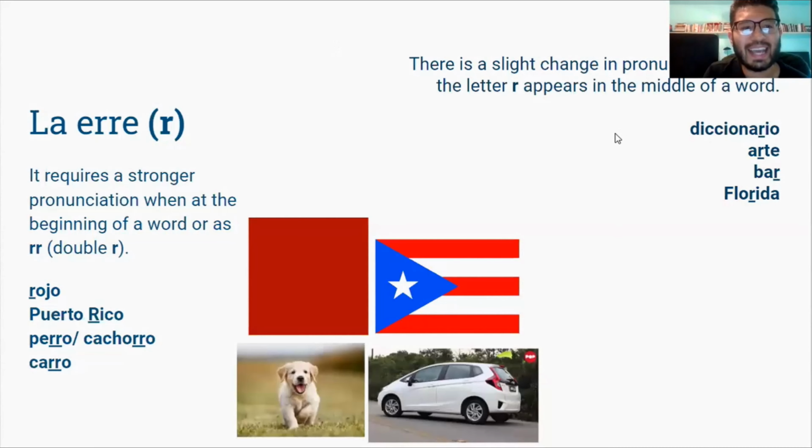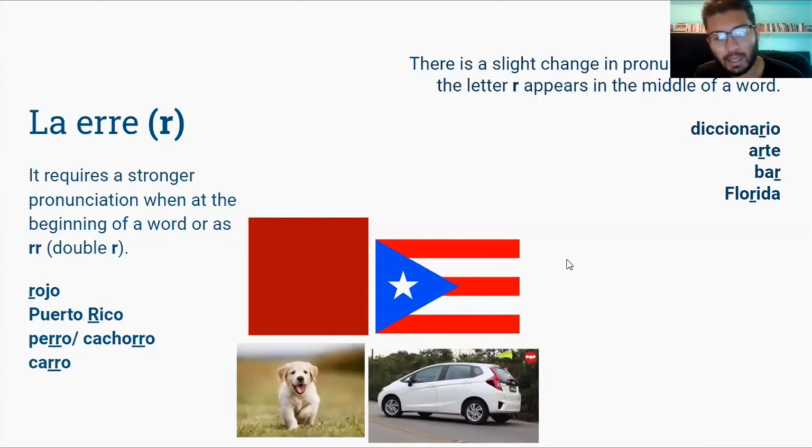So the next letter is R. This letter again has two different sounds depending on the location of the letter in a word, and depending if there's a double R. No, if there's a double R, it has a different sound than if there is just one R within a word.